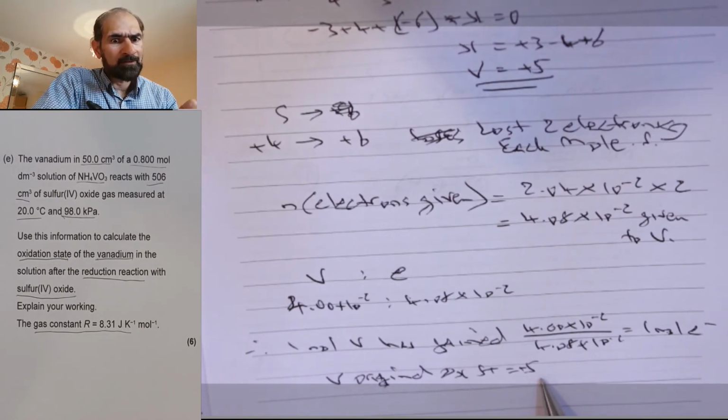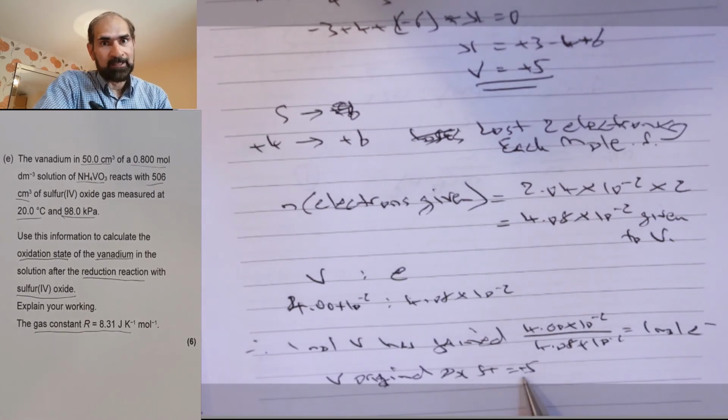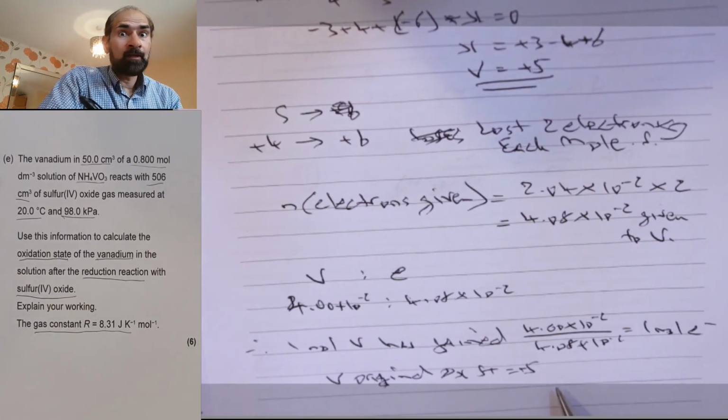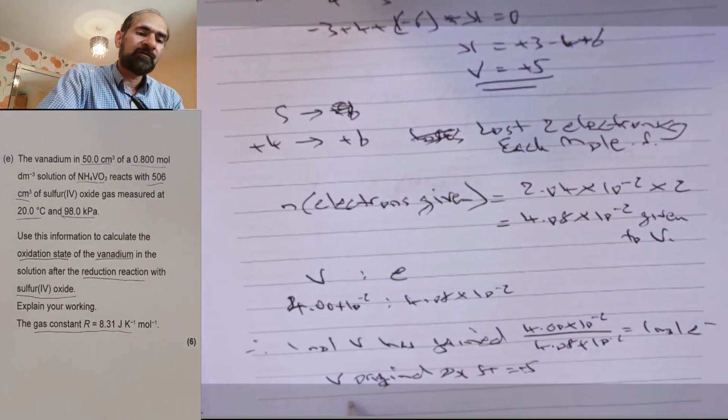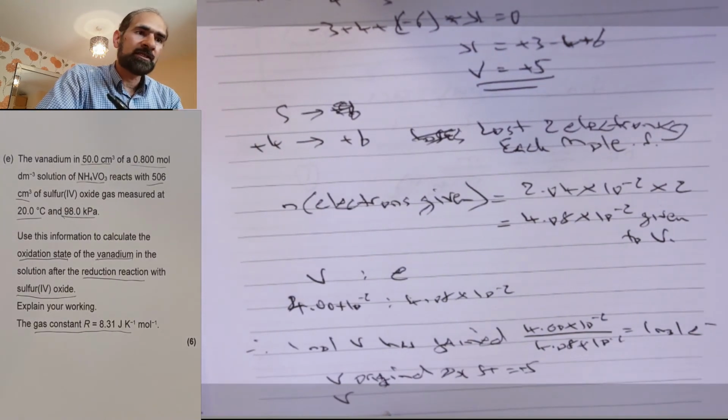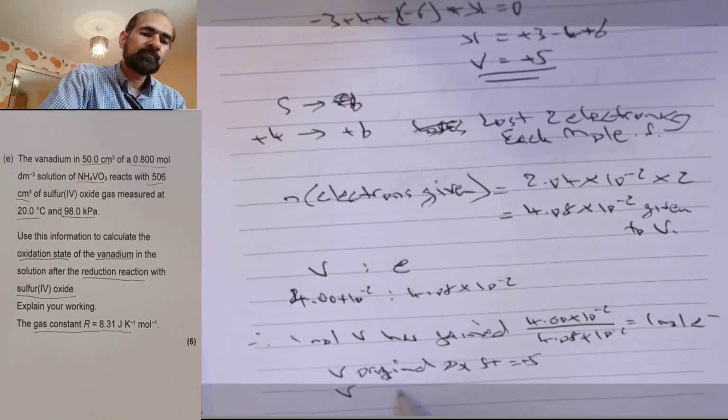No, electrons neutralize the oxidation state. So it reduces it. If it takes an electron, it reduces it from plus 5 to plus 4. The original oxidation state equals plus 5, and therefore the final oxidation state of vanadium equals plus 4.